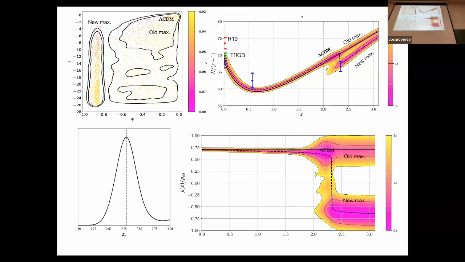So, lambda CDM is top right here in the contours. The thing is this: if we were not brave enough to deviate from lambda CDM a lot, if we were using our prior around somewhere here, we would think that okay, lambda CDM is favored.